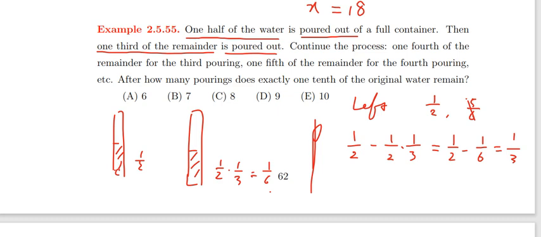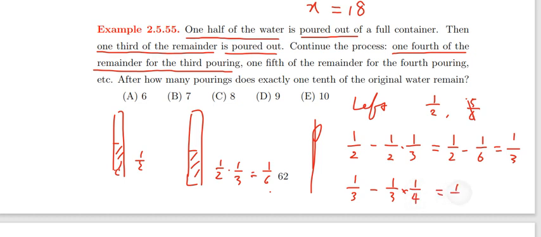Okay. So then 1/4 of the remainder is poured out. So by now we have 1/3 left, minus 1/3 multiplied by 1/4. So what do we get?